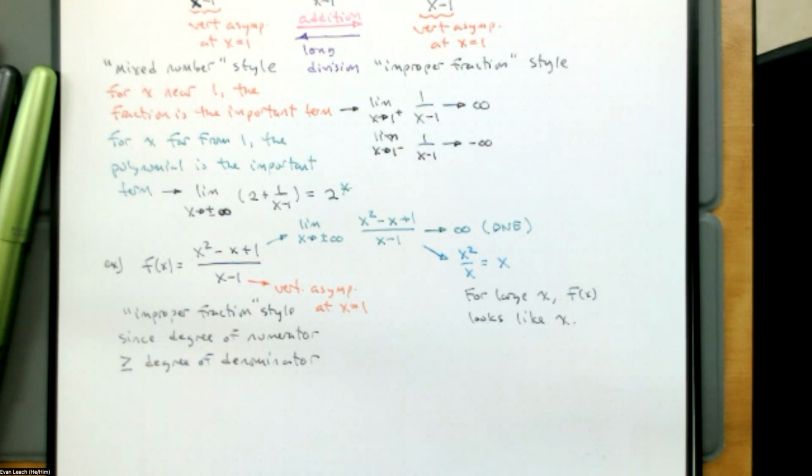In this case, we don't have a horizontal asymptote. We've got a slant asymptote that looks like x. This is what the function looks like in the long run.